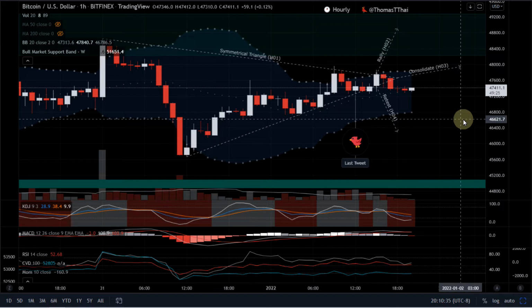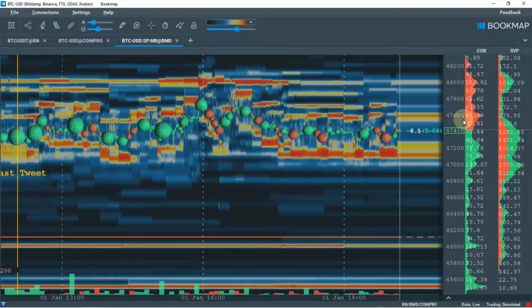In addition to the chart view and the indicators, you want to also validate things on a heat map. So here's the heat map. The last time I tweeted before I went hiking was right around this yellow line here. And if you don't know what a heat map is, take a look at my tweet.